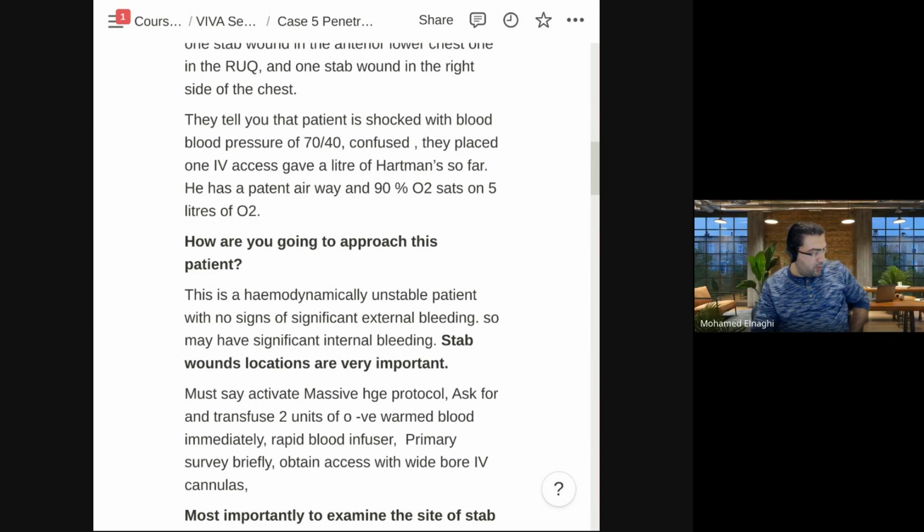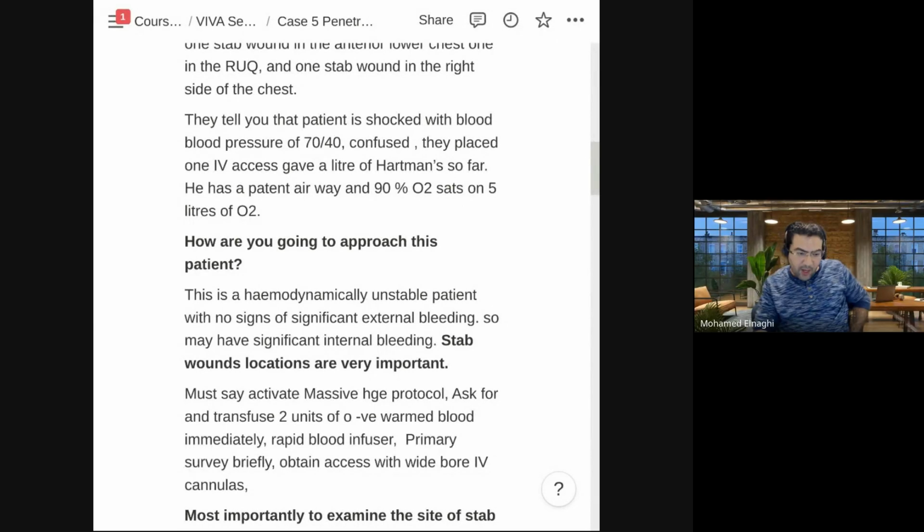In these patients with severe trauma, you need to be aware of what's called the lethal triad in trauma, which is a combination of hypothermia, coagulopathy, and acidosis.